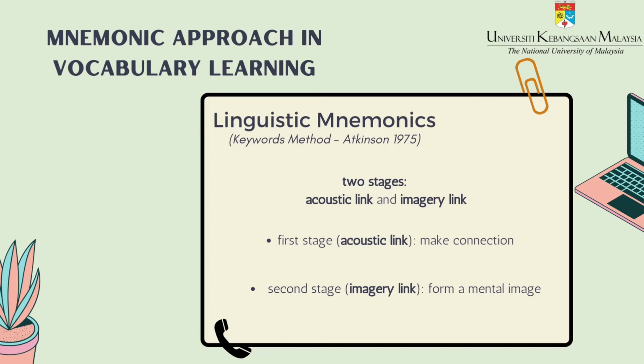The second stage requires learners to form a mental image that associates the target word and the keyword. Evidence exists that visual imagery, known as the imagery link, is more effective than sentence construction in assisting recall of words, as stated by Priestley et al. 1982.